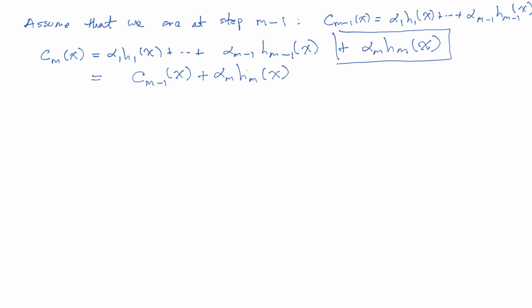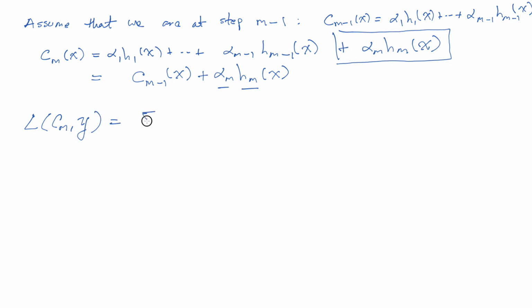We're going to assume that the data has weights w. So how do we pick alpha m and h_m? Well, we have our loss function. Let's compute the loss function for this model.